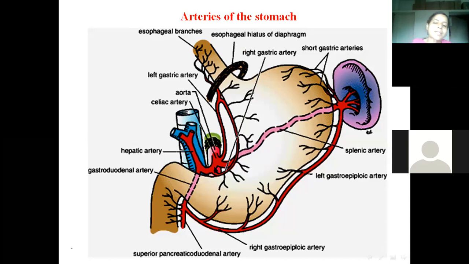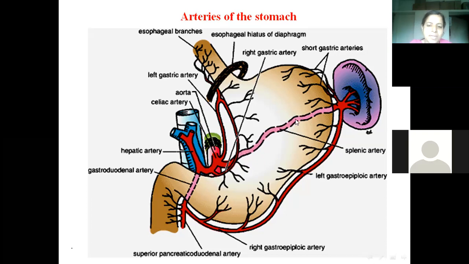Okay, the blood supply of the stomach comes from all these three arteries. The celiac trunk gives three main arteries: the left gastric artery, the splenic artery, and the hepatic artery. The left gastric artery is the direct branch which supplies the lesser curvature of the stomach. The splenic artery gives many branches.